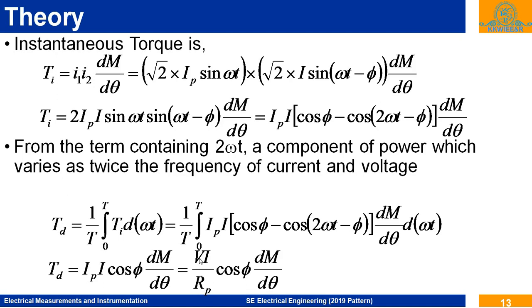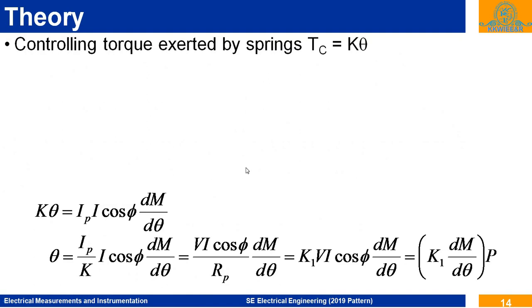So V upon Rp multiplied by I, the RMS current through the current coil, cos phi dM by d theta. So the deflecting torque is V I cos phi upon Rp dM by d theta. This is the average deflecting torque: Td is equal to V I cos phi upon Rp dM by d theta.